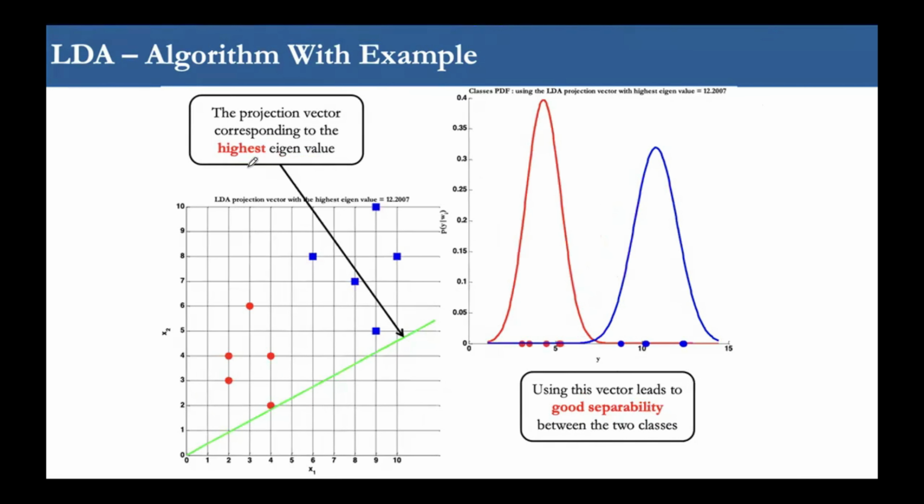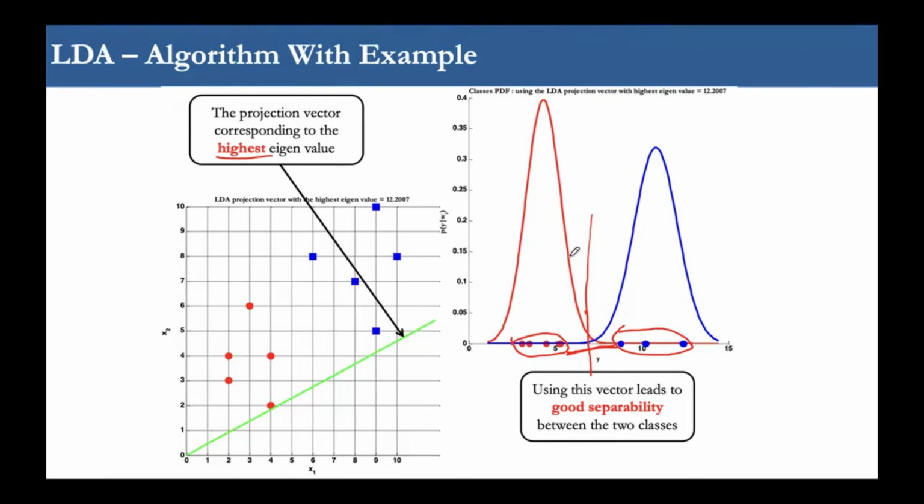When we use the highest eigenvalue, this is the new projection we get, the LDA projection. Here you can see the within class variation is very minimum, whereas the between class variation is very high, so it is linearly separable data.